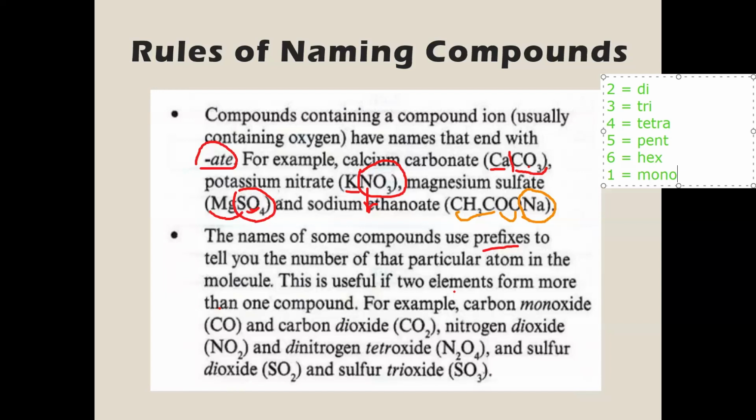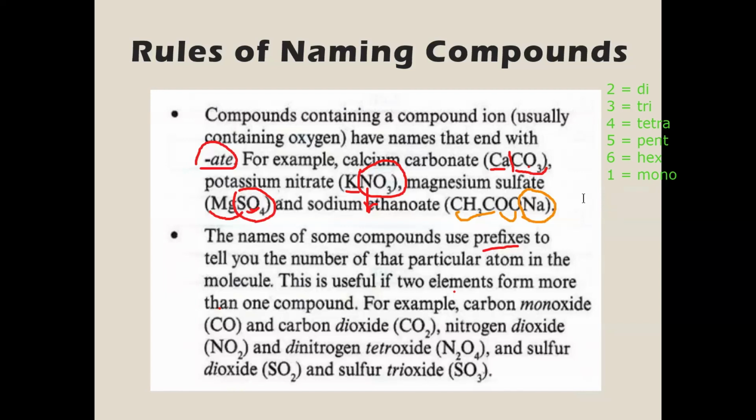So for example, this is carbon monoxide. This is carbon. How many oxygen? Mono, 1. Monoxide. Oxygen is named as oxide.